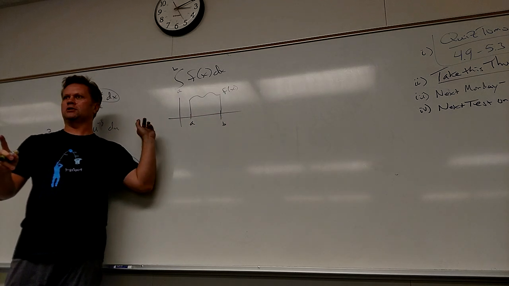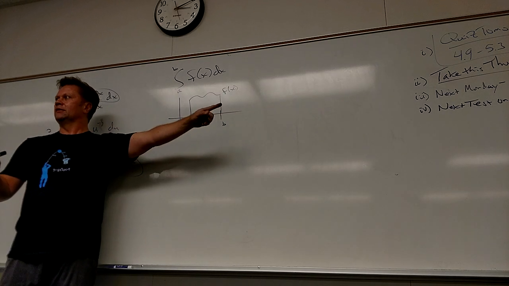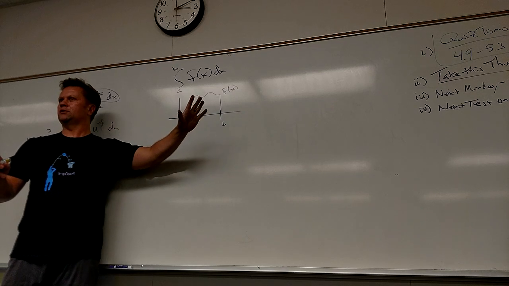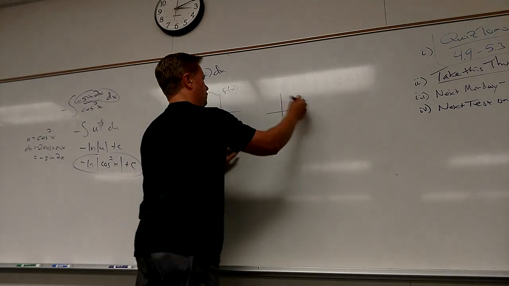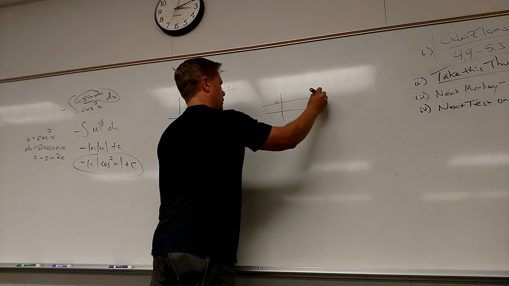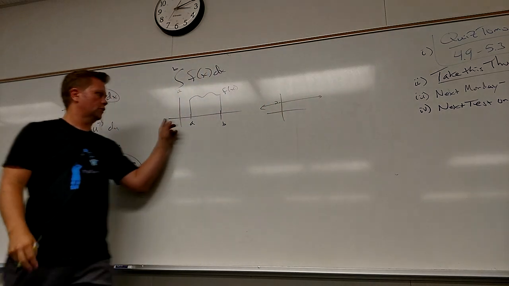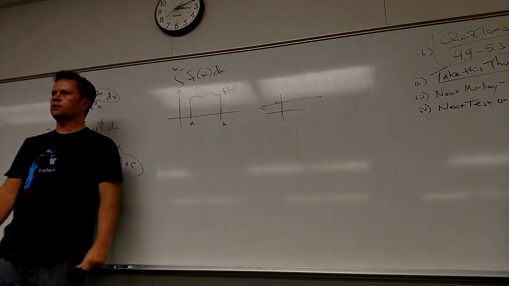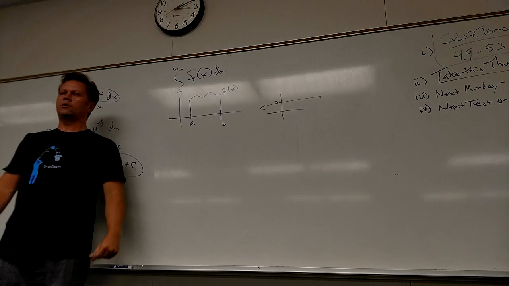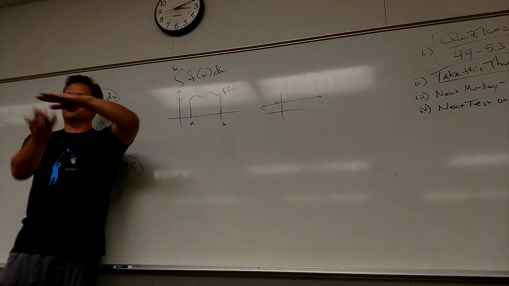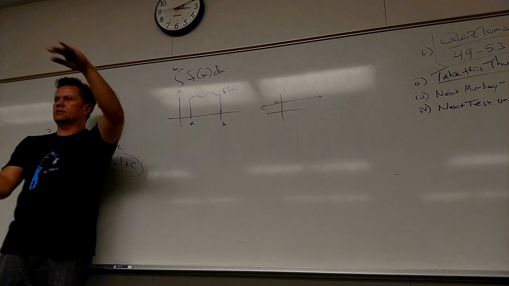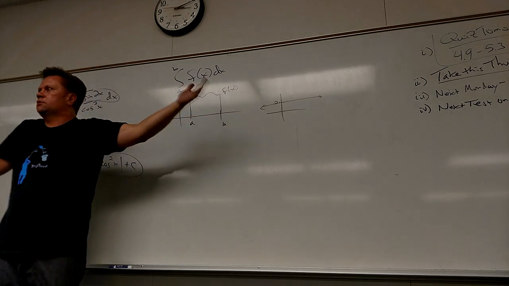What's the equation for a horizontal line? Y equals 0. So we already are doing f of x minus 0, the difference between those two functions, because of course it doesn't show up because it's 0.